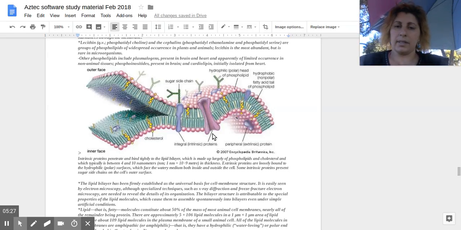You also may have sugar or carbohydrate side chains on the proteins used for signaling and recognition, such as in receptors. So the cell membrane knows what molecules it needs to recognize and bind and let through.